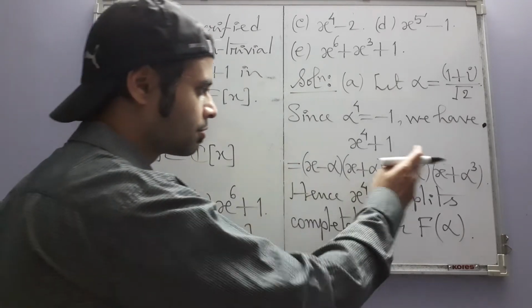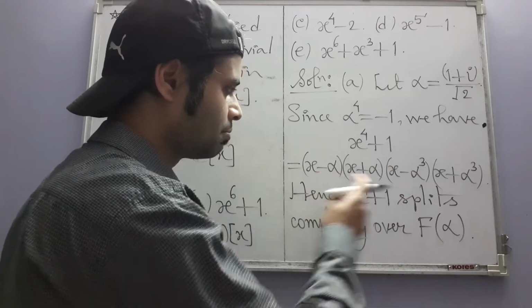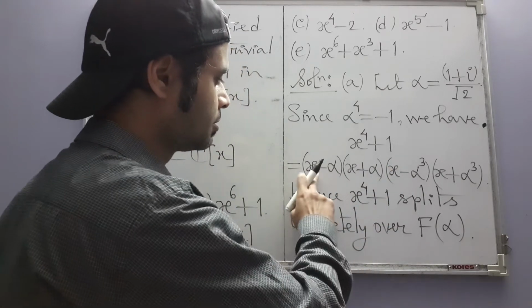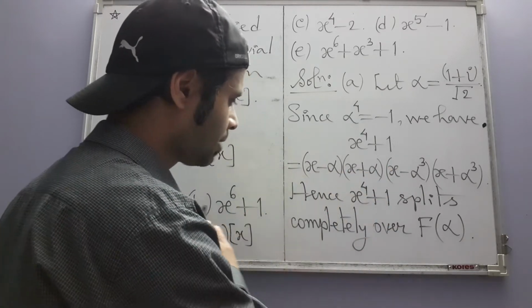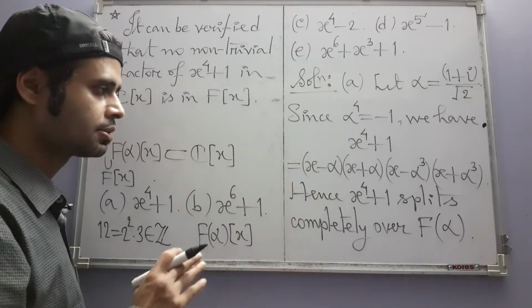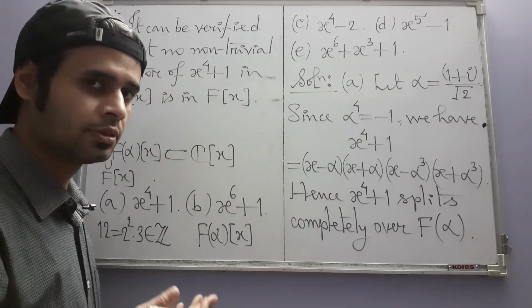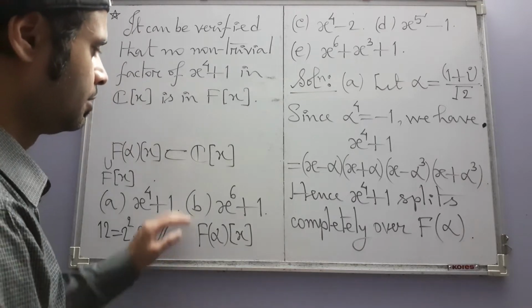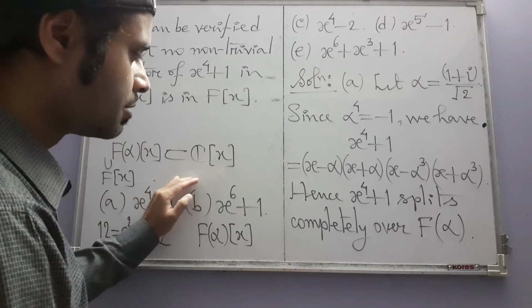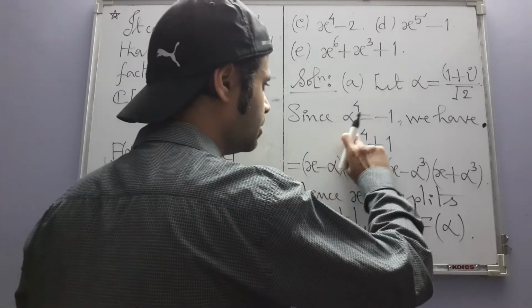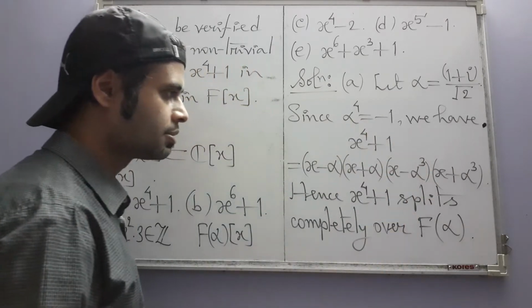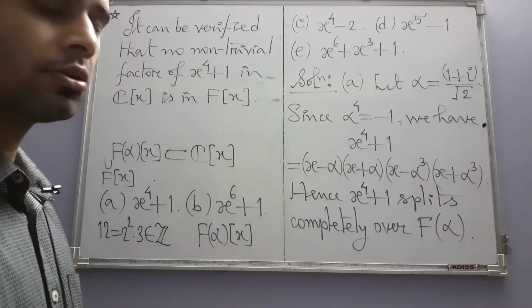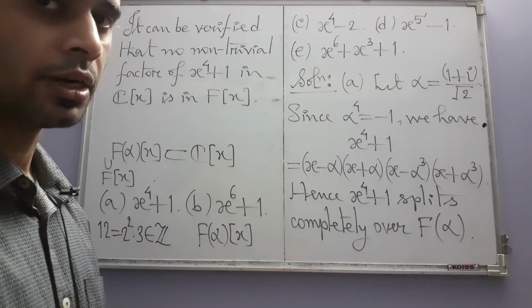You have to consider quite a few products, but you will see that none of them has all its coefficients rational numbers. That just simply means that this polynomial is irreducible over the field of rational numbers.